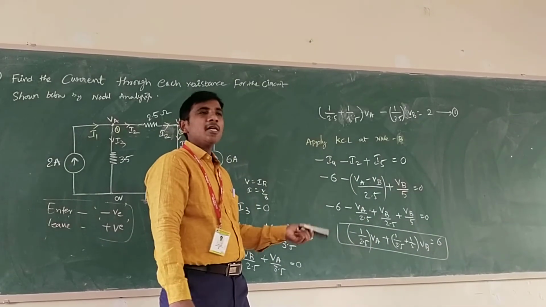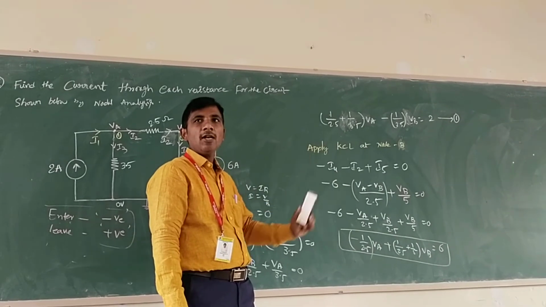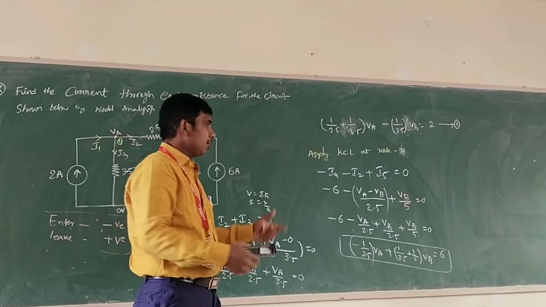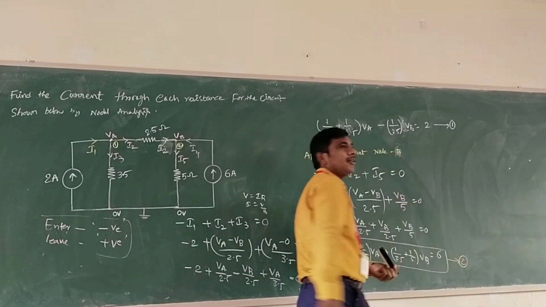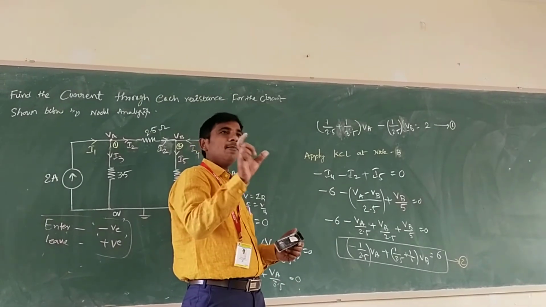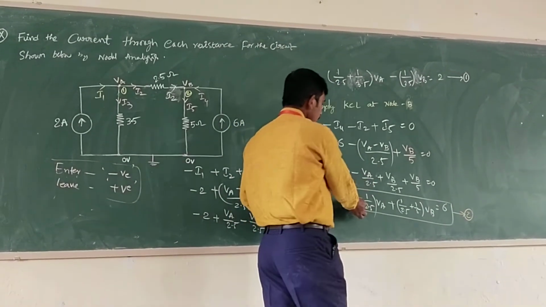If you obtain the equations, by Cramer's method, if you do it carefully, you can get the unknown values VA and VB. Now write equations 1 and 2, side by side or one below the other.